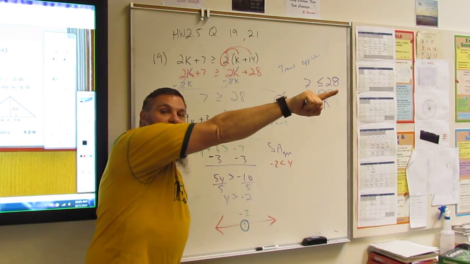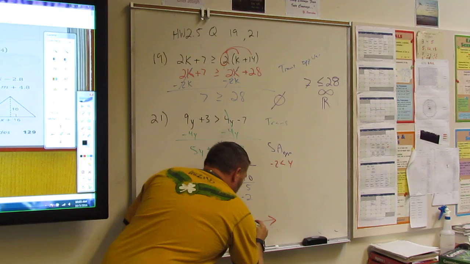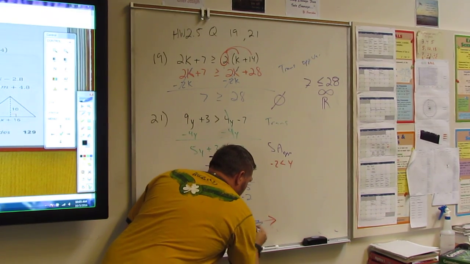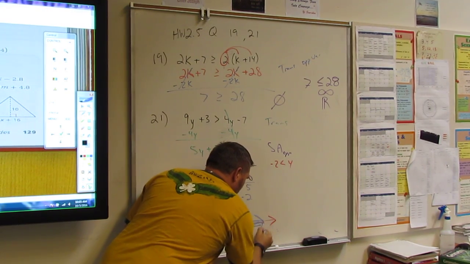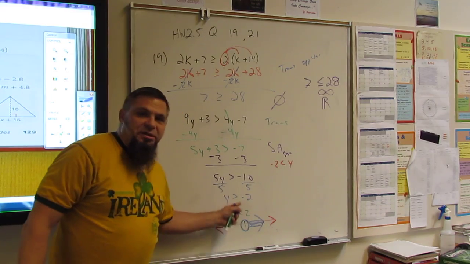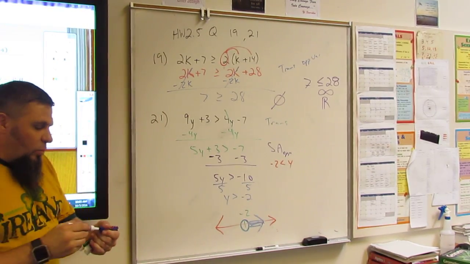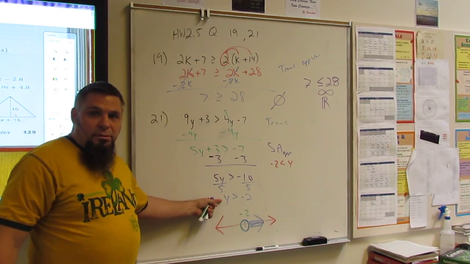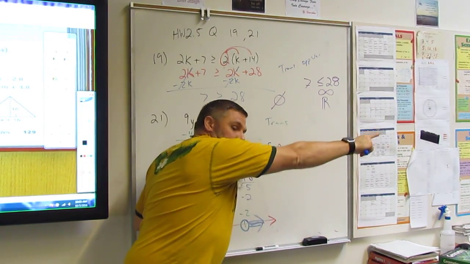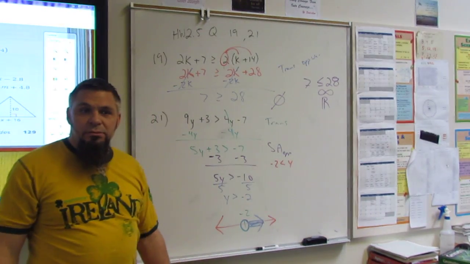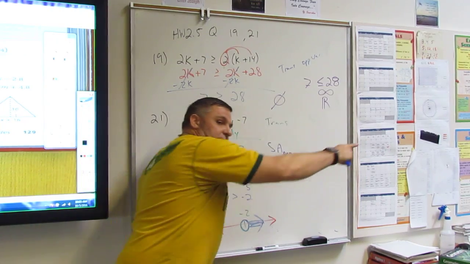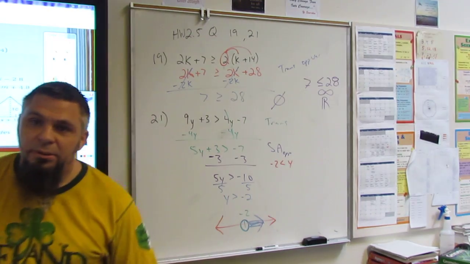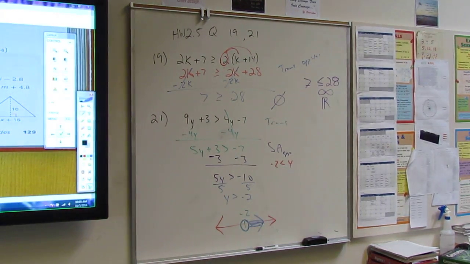The arrow goes that way, so does the shading. Same direction. So y is greater than -2. Y is greater than -2.